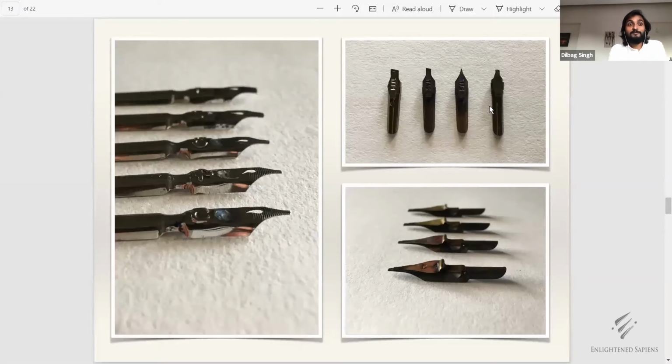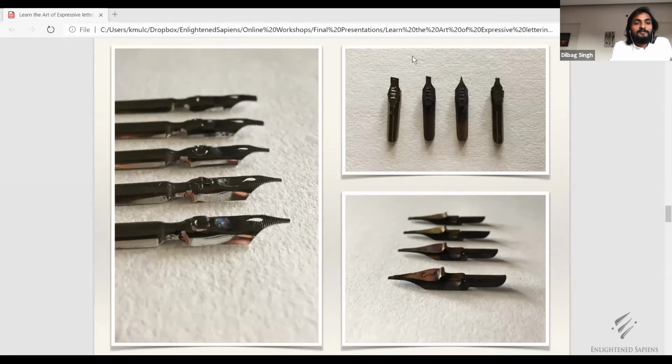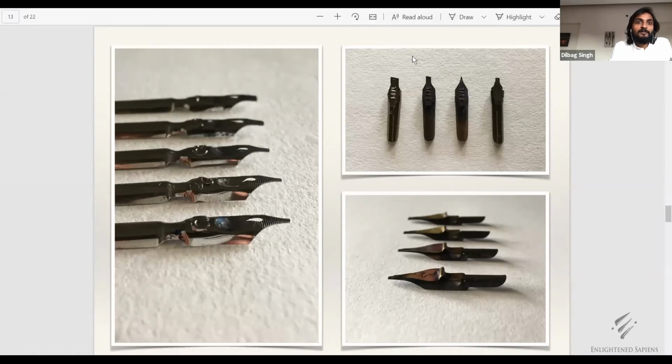And these are the examples of broad edge nibs. Earlier I have shown you the examples of pointed pen calligraphy and the nibs of pointed pen. And these are the examples of broad edge nibs. On the top right, these are tape nibs.